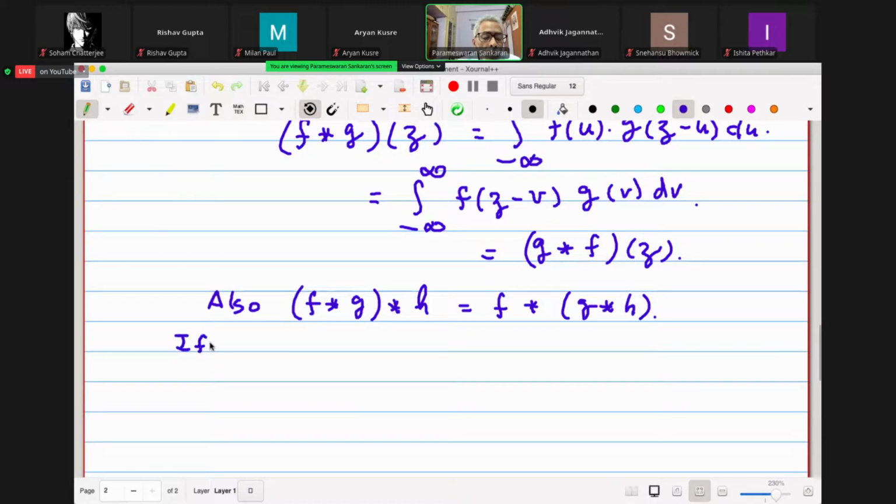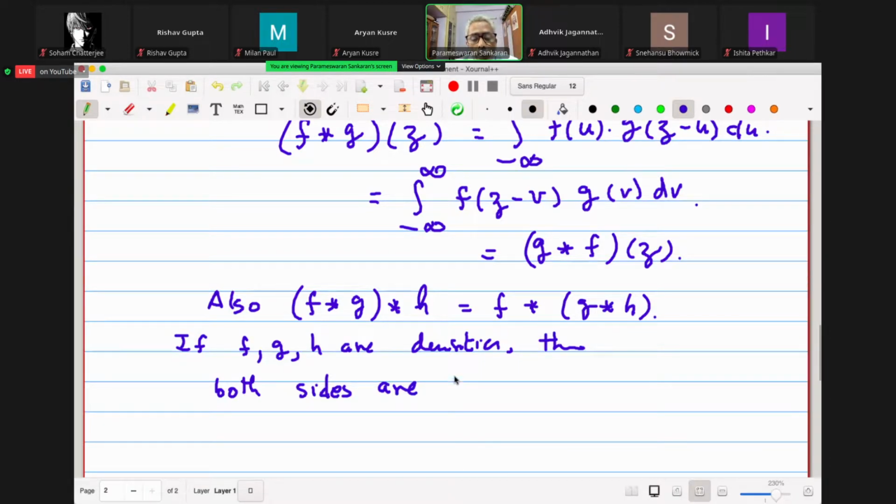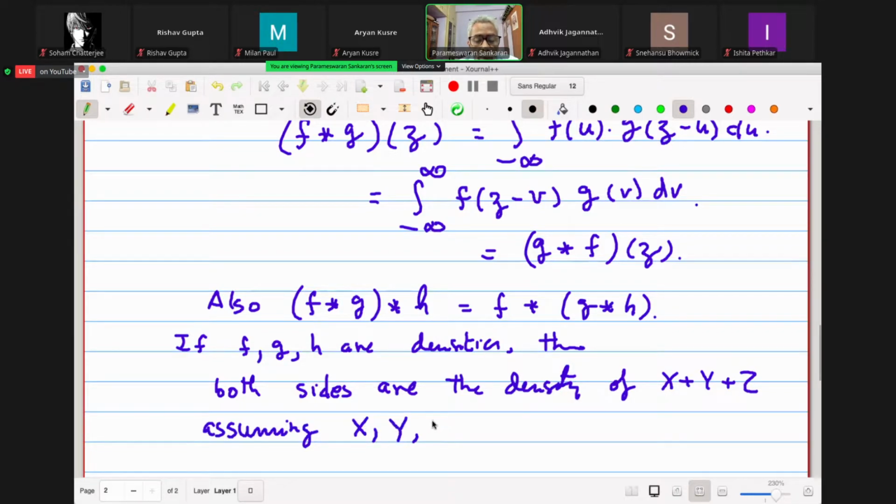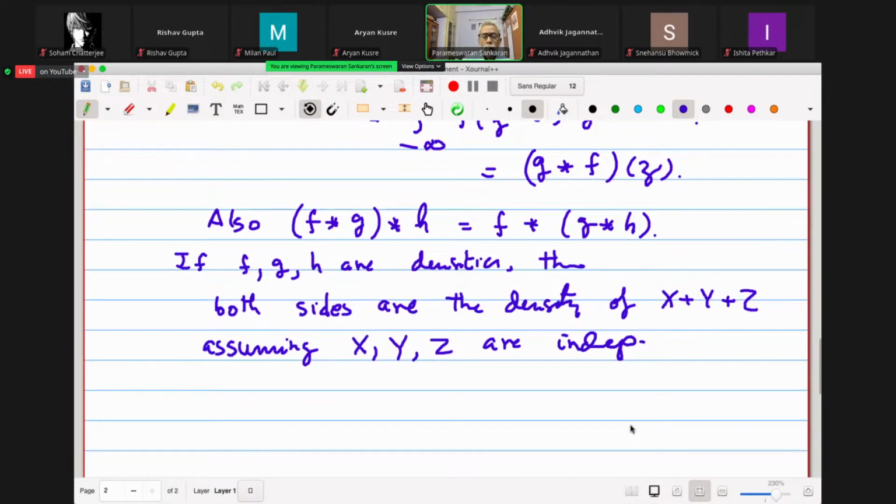Then both sides are the density of x plus y plus z, assuming that x, y, z are independent random variables.